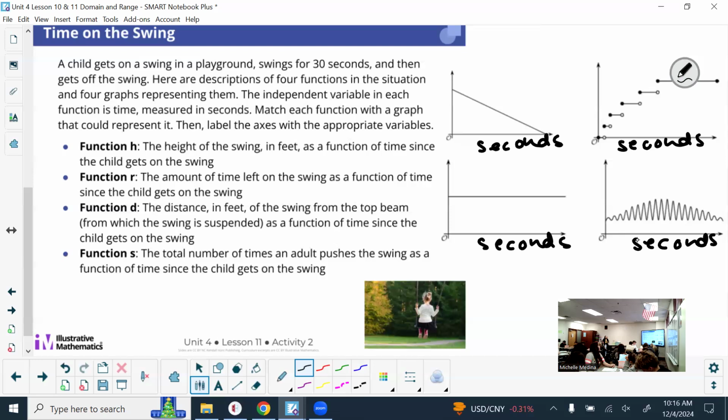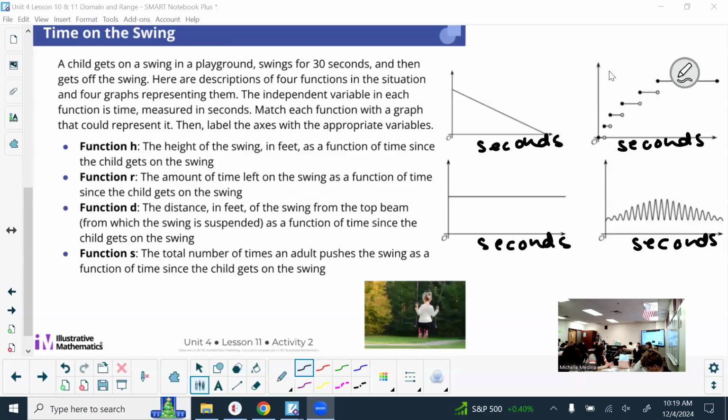And the total number of times an adult pushes the swing as a function of the time since the child gets on it. That's a big mouthful to say, so go back and reread it as you need to. You're matching which graph goes with which situation. I'll give you less than a minute to do that. What match were you able to make?